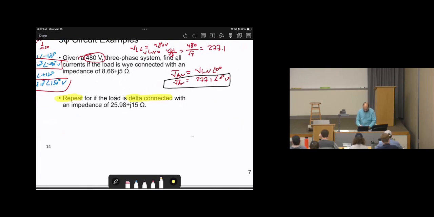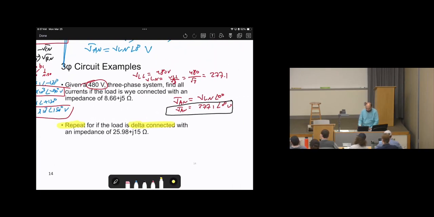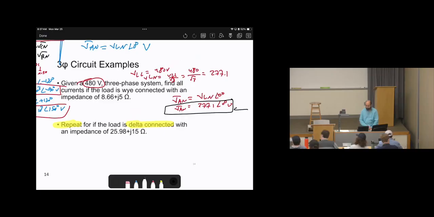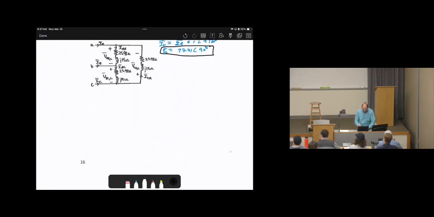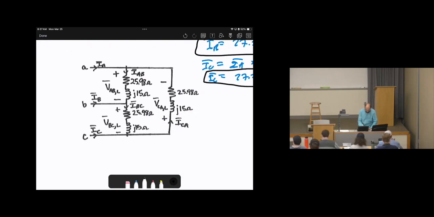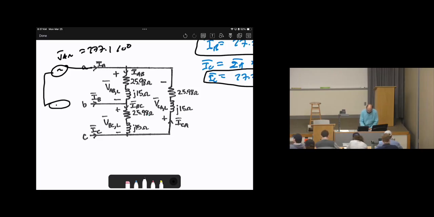So the first thing about the voltages, VAN, will be the same procedure: 277.1 angle 0 degrees. There is no problem with it. But now the load is delta. So here is how the load looks like, and I'm going to draw the source. This is VAN, which is 277.1 angle 0 degrees. This is VBN. This is VCN.